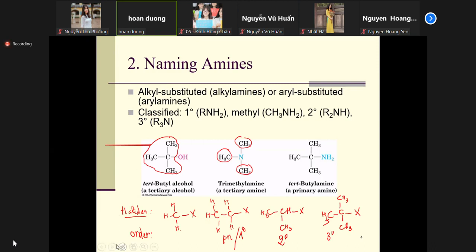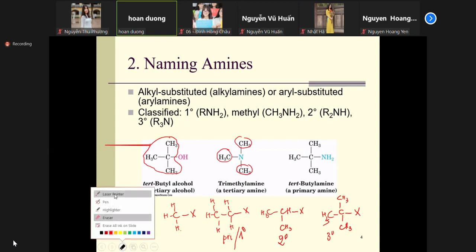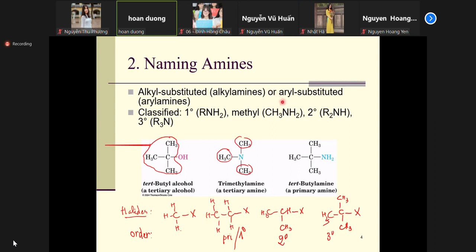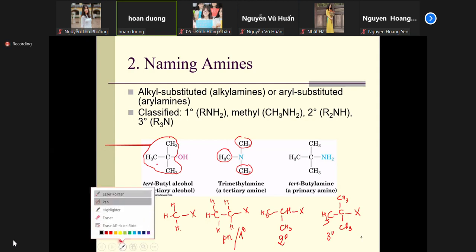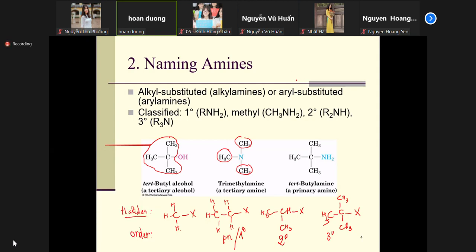Sometimes you not only get alkyl substituted amines, and sometimes you have aryl substituted. Or another word, we call it the aryl amine. So for example, I think you can imagine that already. Aryl here, for example, you have Ph and NH2, right? That's a kind of aryl substituted amine. Okay, that should be good, right? Everyone good with this slide, right?